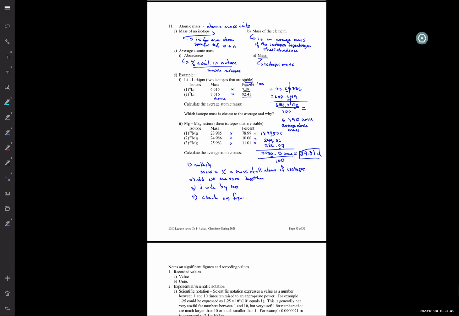And heterogeneous means not uniform. We talked about that a little bit. Okay, so those are the definitions, but we haven't talked about ionic compounds. Molecules are all nonmetals, things that are all nonmetals written as formulas, basically. Those are the two things I didn't really talk about yet, but we will get to those eventually. All right, so any questions?